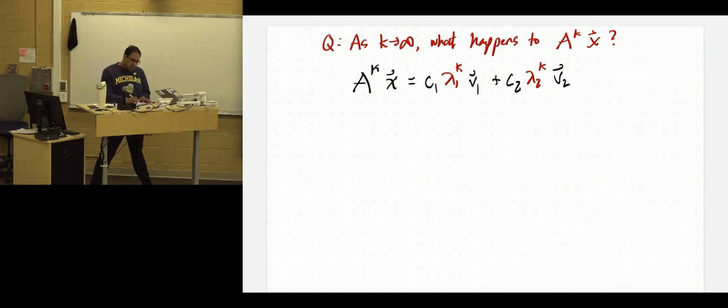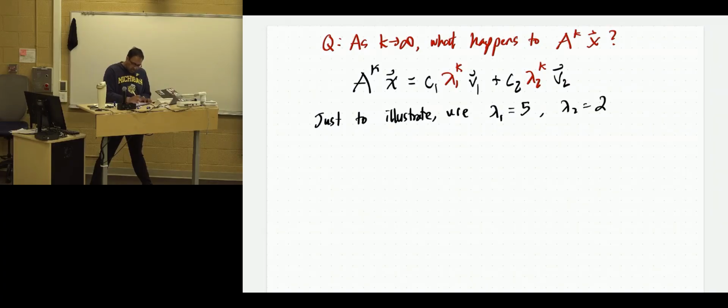Exactly. So just to make it a little more concrete, let me just plug in what the two eigenvalues are here, okay? So just to illustrate, use lambda 1 equals 5, lambda 2 equals 2. So what does this become? I have A to the kX equals C1, we'll stick with 5 to the k first, though the order doesn't really matter here, plus C2, 2 to the k, V2.